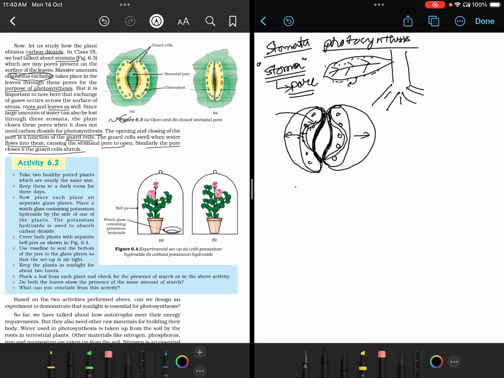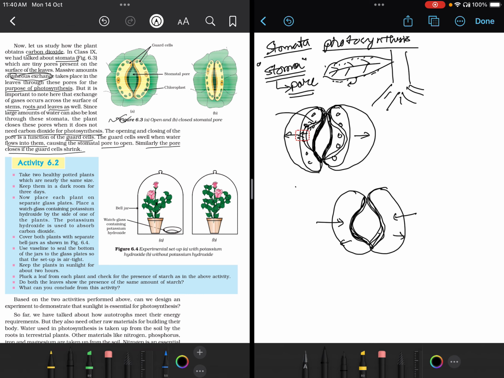You got my point? Let's do this again. This is a guard cell. Inner surface is thicker. When water enters, the cell swells up. It will give pressure in this direction.